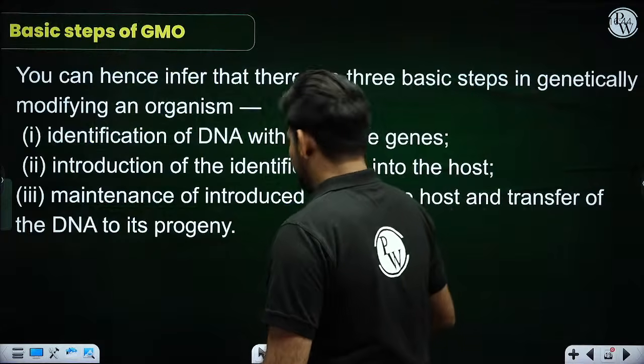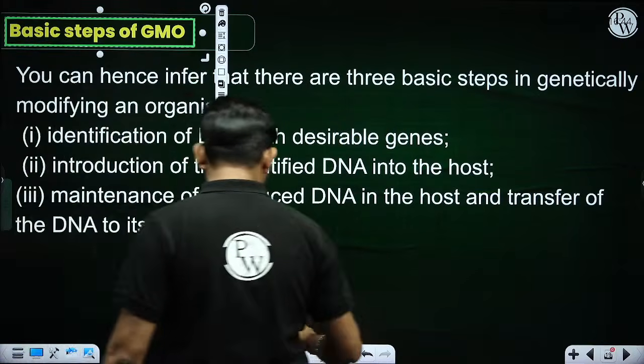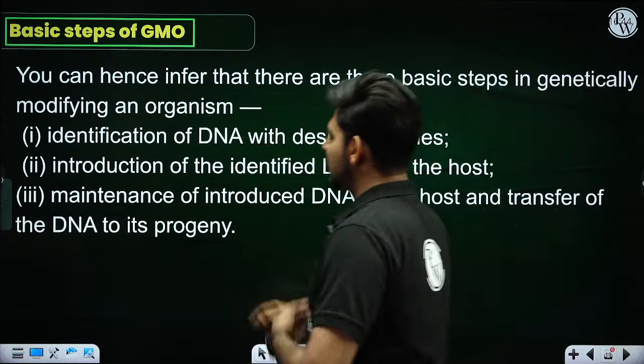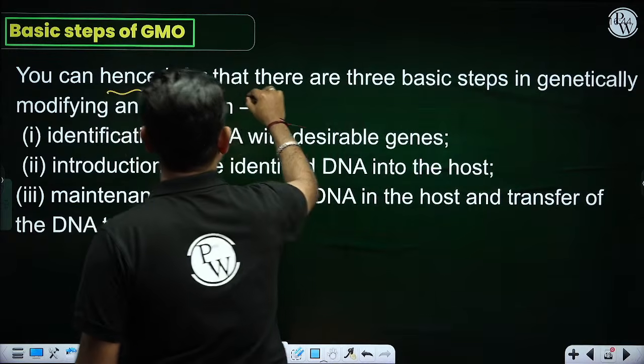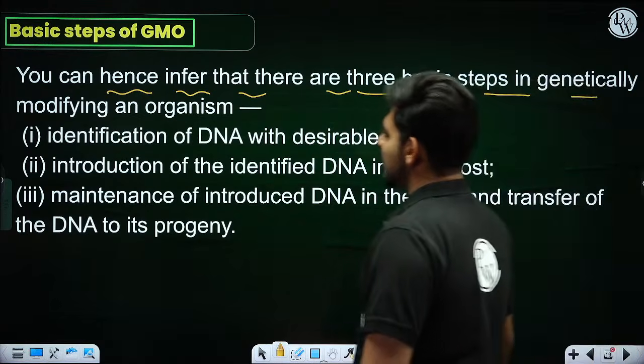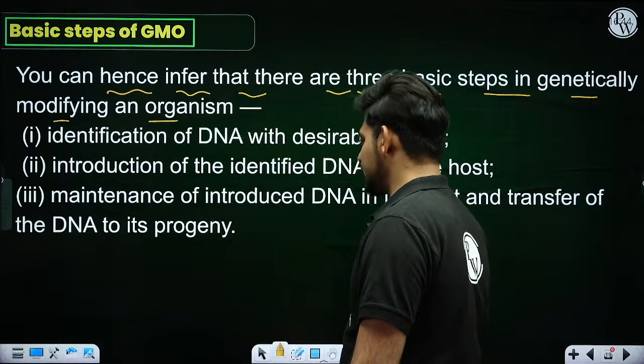Now the next topic, that is the basic steps of a genetically modified organism or GMO. So you can infer that there are three basic steps in genetically modifying an organism. So what are those three steps?